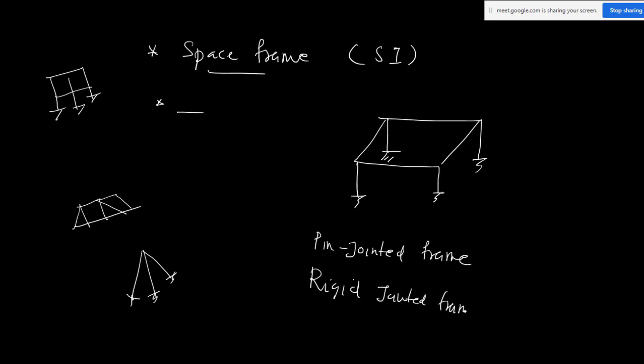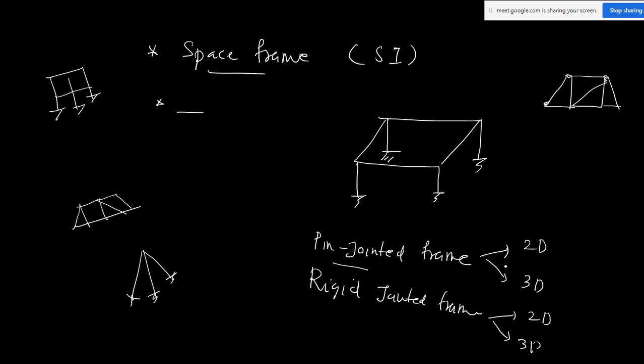Again, a pin jointed frame can be 2D or plane frame, or 3D or space frame. And the rigid jointed frame can also be 2D or 3D. A pin jointed frame means your member joints will be pin joints, like this. That is what you call a truss. The rigid jointed frame means your building frame, beam and column.